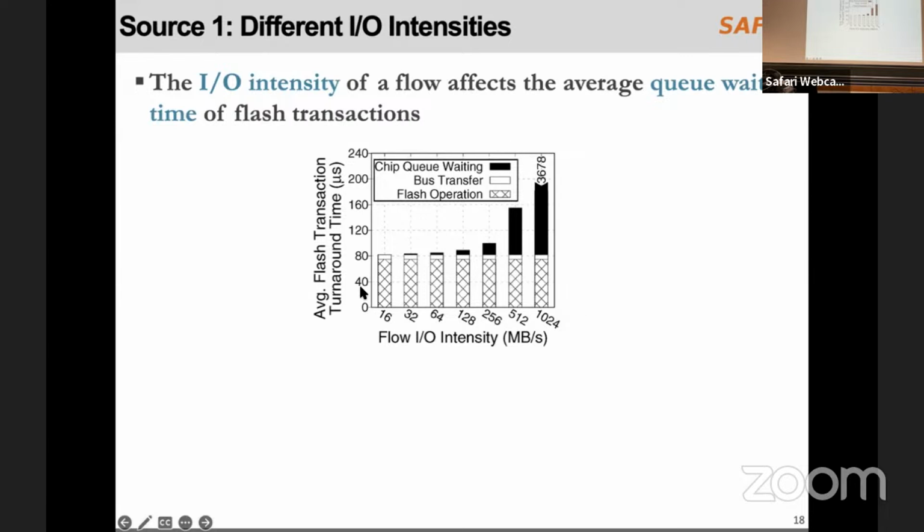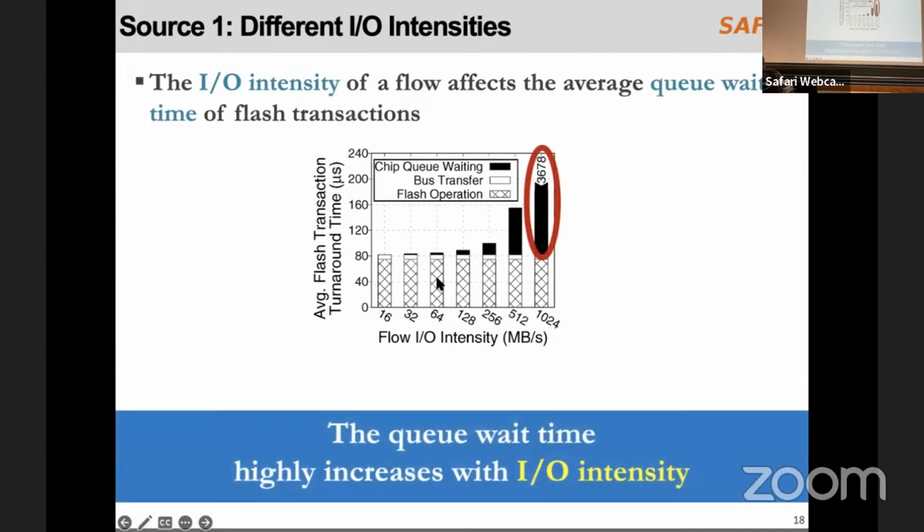This is the latency, the average flash transaction turnaround time, and we show the breakdown here: flash operation, which is the sensing time we discussed yesterday; bus transfer, which is the DMA transfer latency; and chip queue waiting. You can see that when we increase the intensity, the queue waiting increases exponentially, and that can cause a lot of waiting.